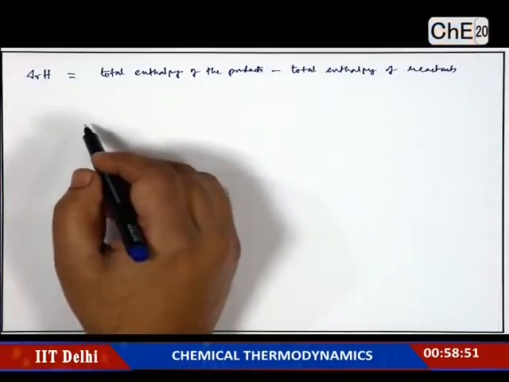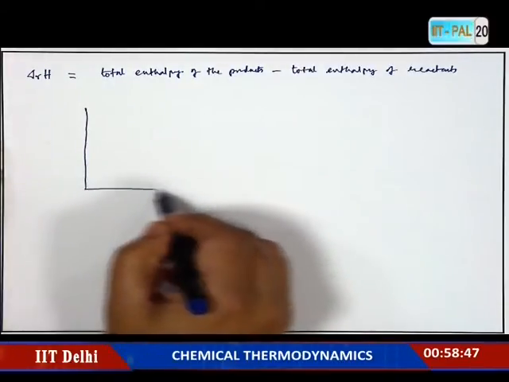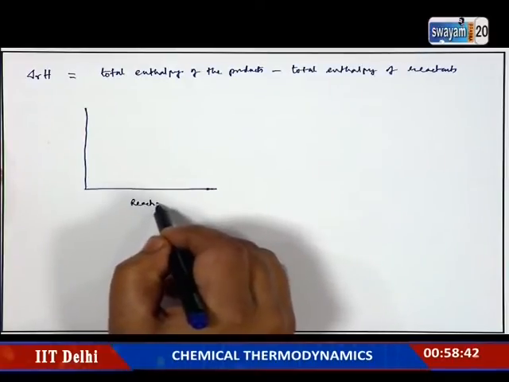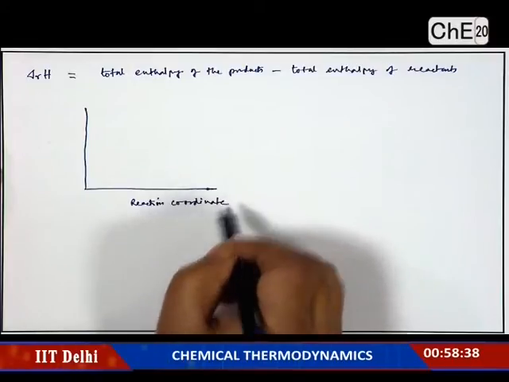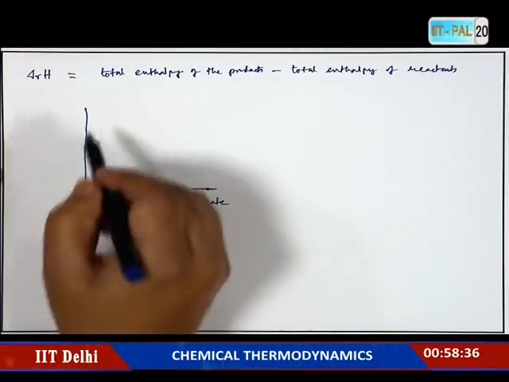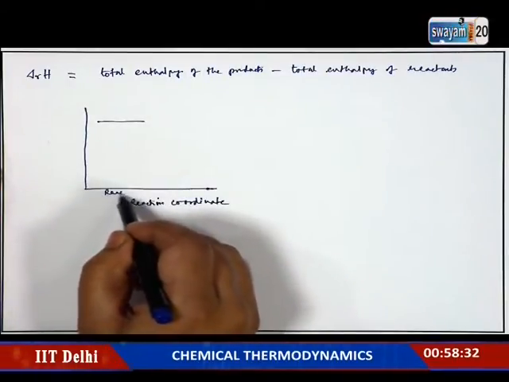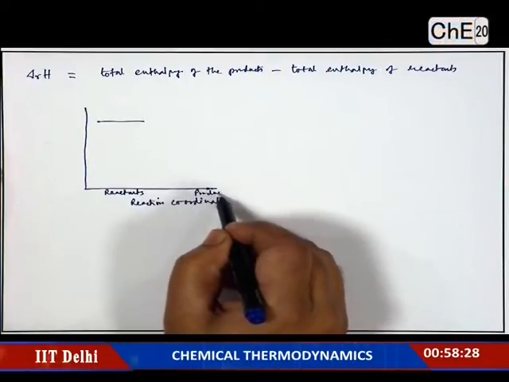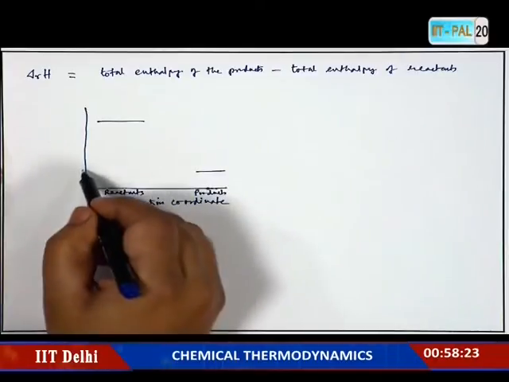If I plot on two axes, the x axis is the reaction coordinate, and this is your reactants and here you have products, with the corresponding energy levels.